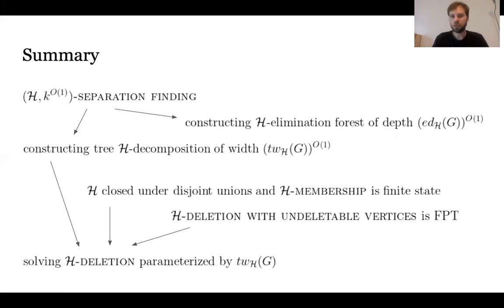And most of the considered classes satisfy these 3 conditions. One counterexample is a class that excludes a disconnected minor or a disconnected subgraph. So we give an example of such a class that is not closed under taking disjoint union of graphs, and this theorem doesn't work. And furthermore, then H deletion becomes NP-hard already when the value of H3 width is constant.